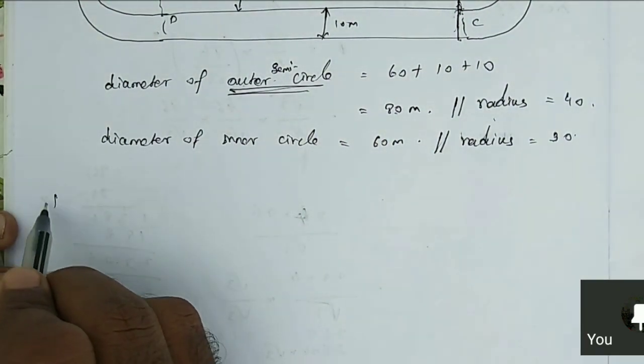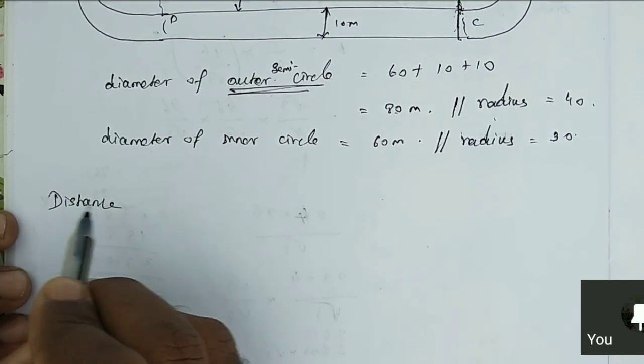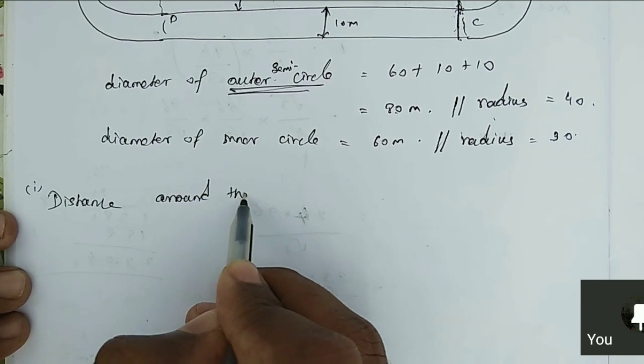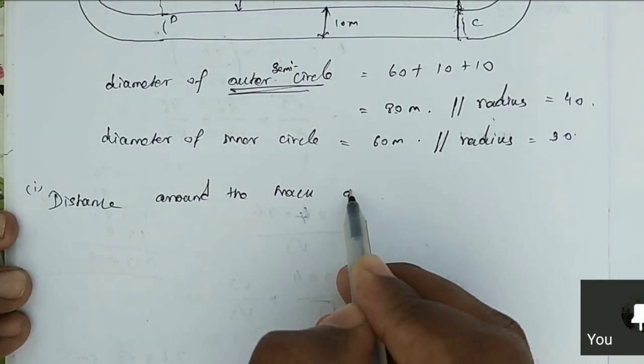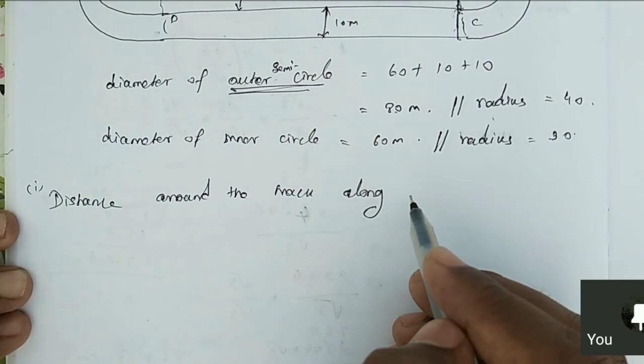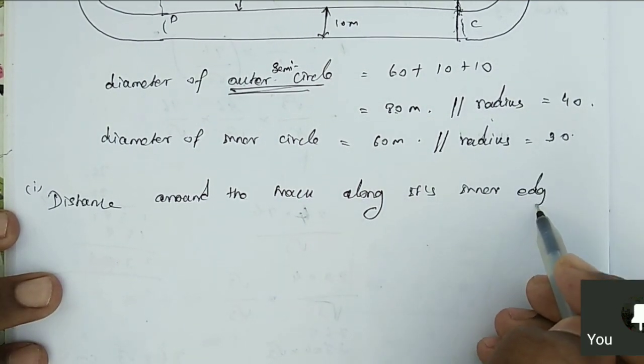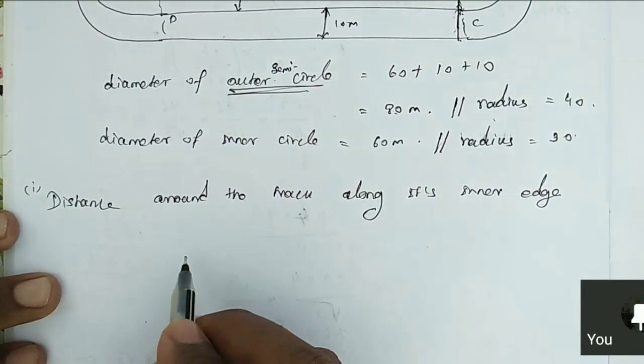Now the distance. They asked the question: distance around the track along its inner edge. The inner edge is a semicircle.